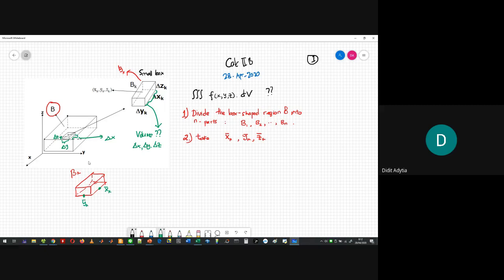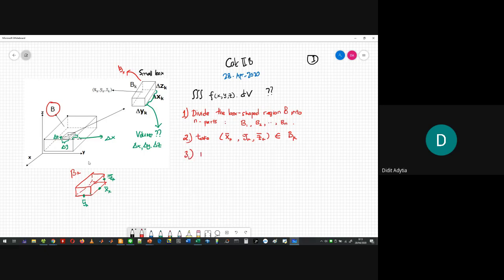So this is the average of this boundary point. And then this one is z_k, and this point is an element of Bk. This is the picture of number 2.